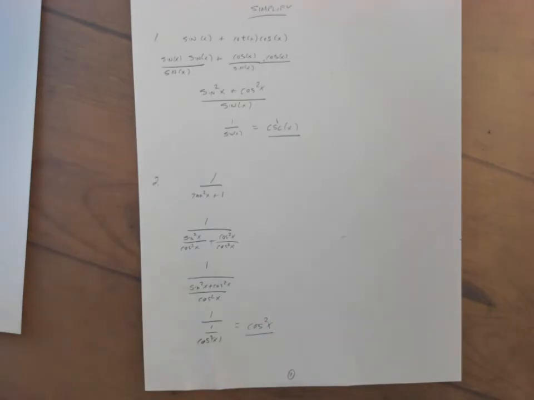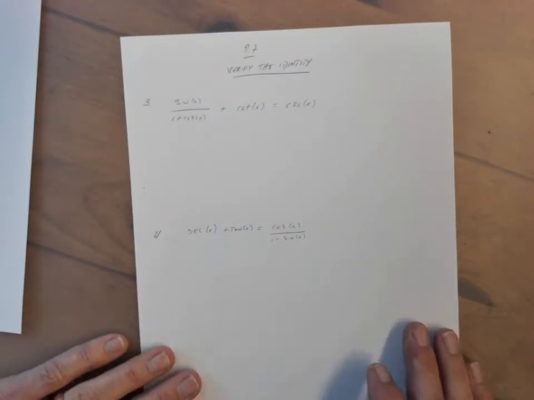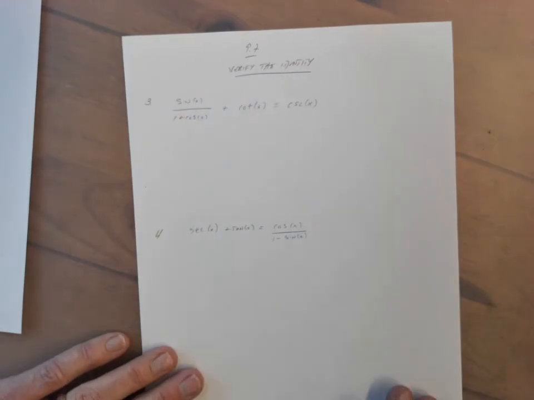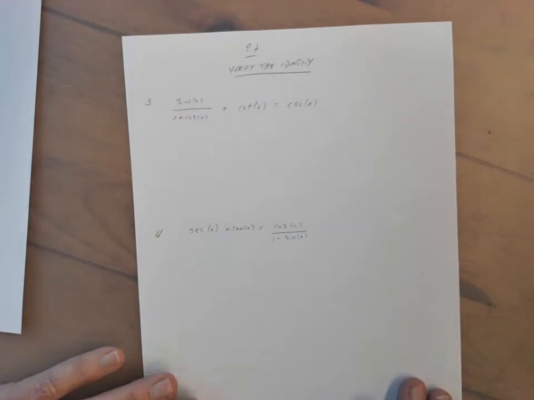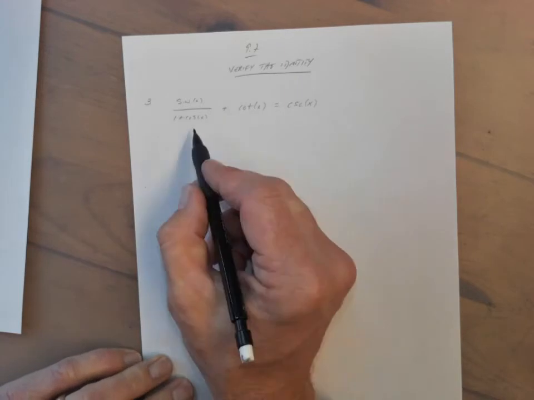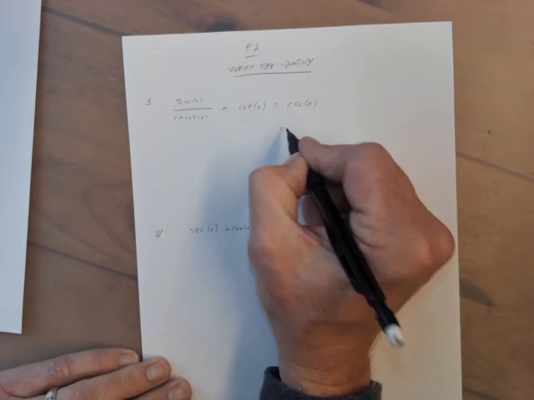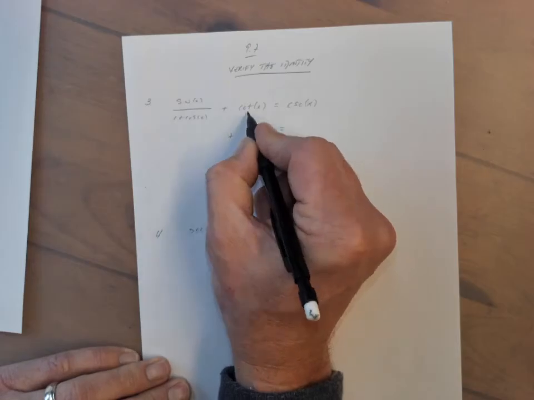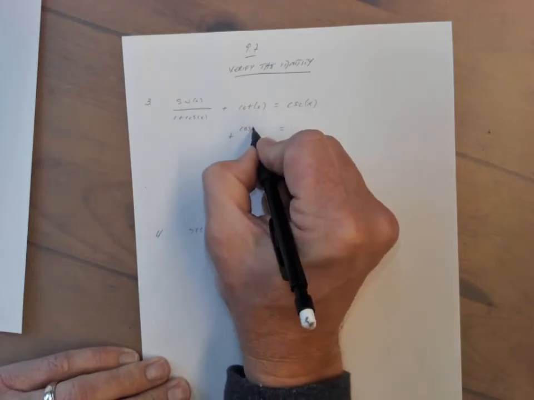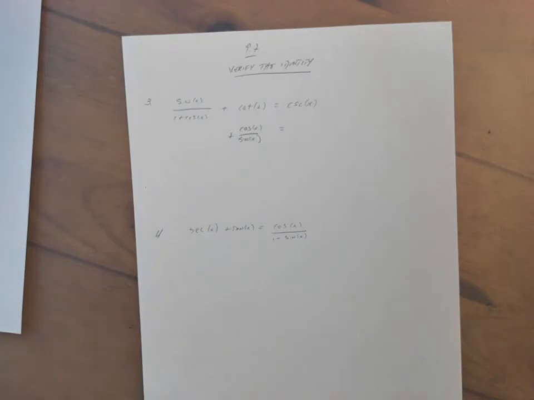All right, so let's look at a couple of identities. Again, our goal is to have the left and the right side equal each other, and we generally want to choose the more complicated side and simplify it. So in this case that would be the left side. So we want it to equal cosecant. So a couple of things. I'm going to change cotangent again to be cosine x over sine x.